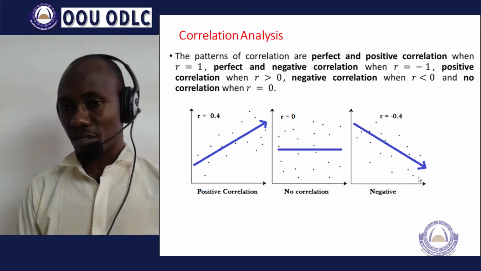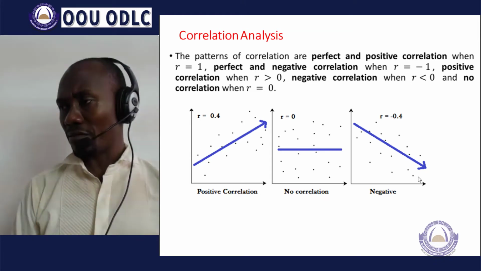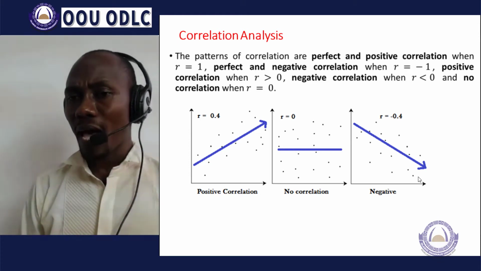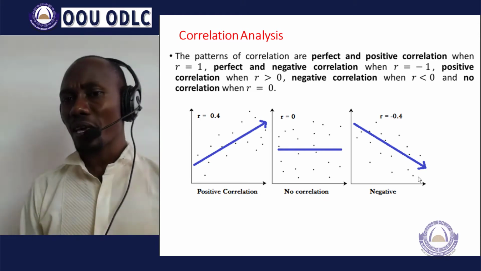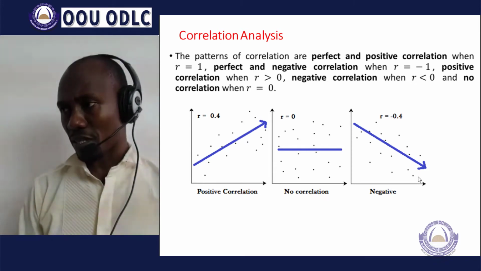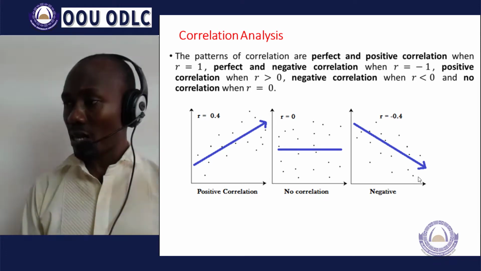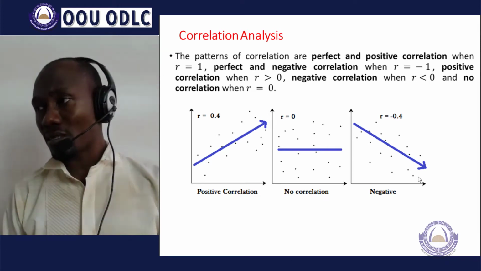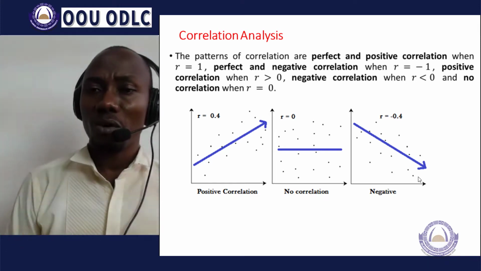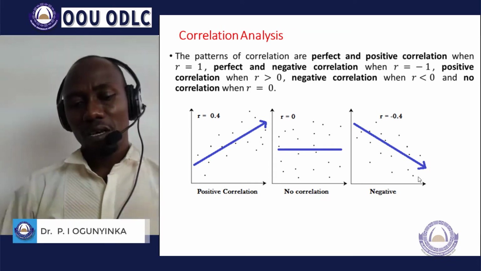There could be the case where the value of R is less than 0. Then we say we have what we call negative correlation coefficient. Finally, if the value of R is not 0, but it is greater than 0, then we say we have positive correlation coefficient.